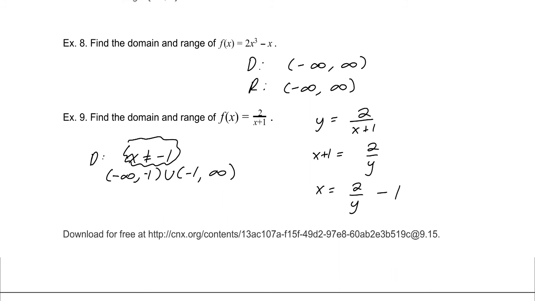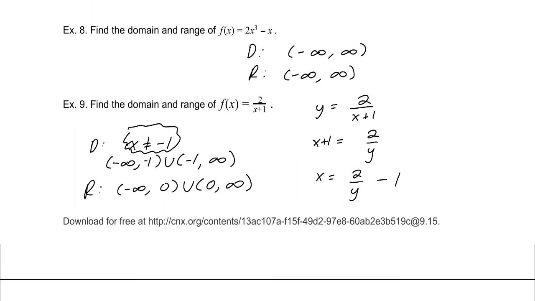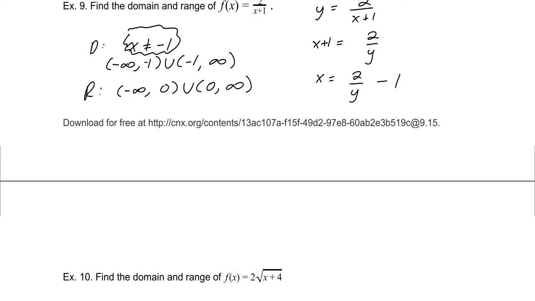What y value can we not have? Our y value cannot be 0. We can't divide by 0 there. So negative infinity to 0, union 0 to positive infinity. We can always solve for x and then see what restrictions we have on y in that way. Sort of a handy tool when it comes to finding domain and range.